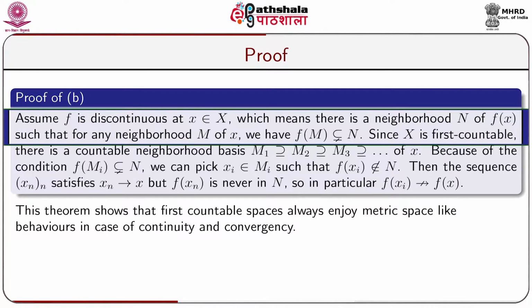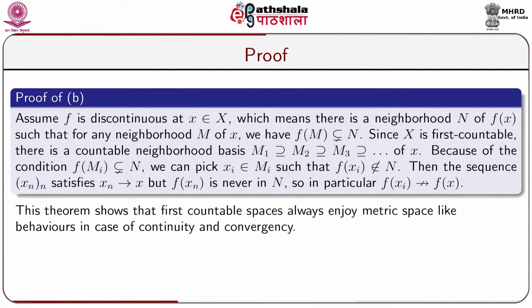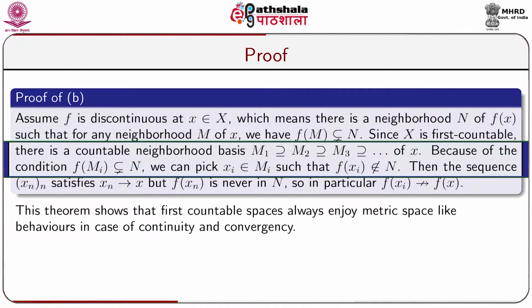This means that there is a neighborhood capital N of f(x) such that for any neighborhood M of x, f(M) is not properly contained in N. That is, there exists some point in f(M) which is not contained in N. Since x is first countable, there is a countable neighborhood base of decreasing sets, say M1, M2, M3, and so on.